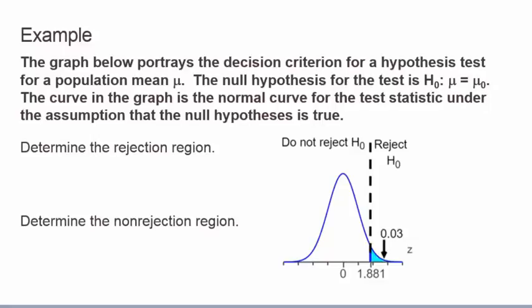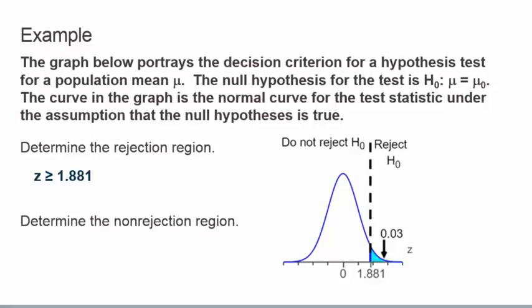Determine the rejection region. Since our z-value is 1.881, and since it is shaded to the right, we have a right-tailed test, so z is greater than or equal to 1.881.